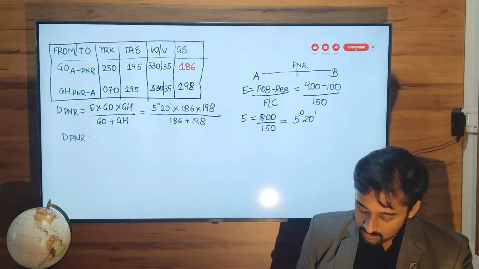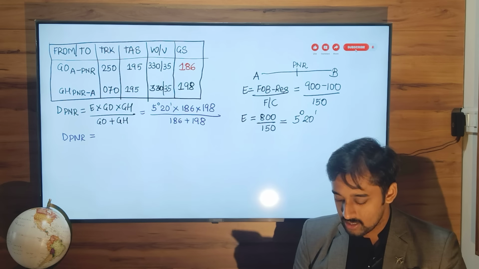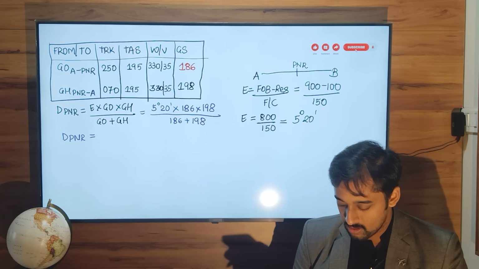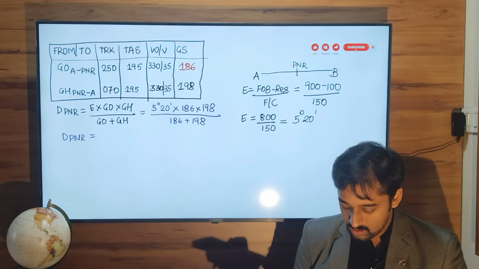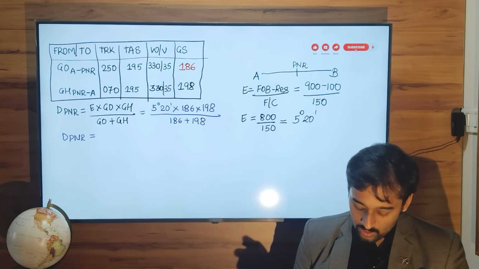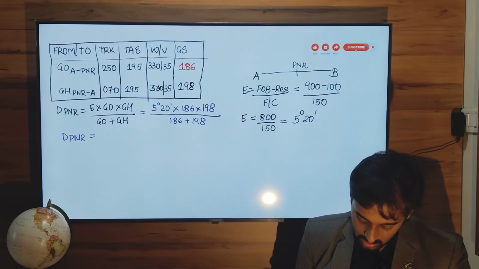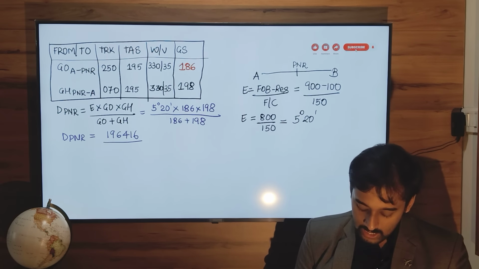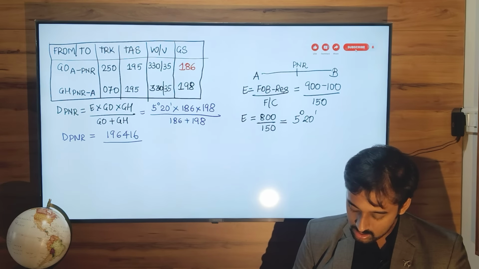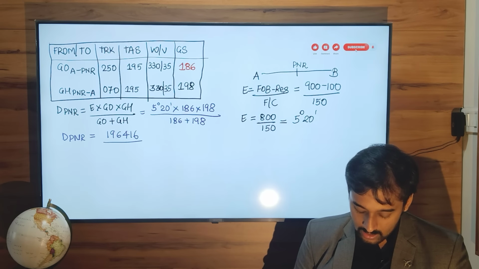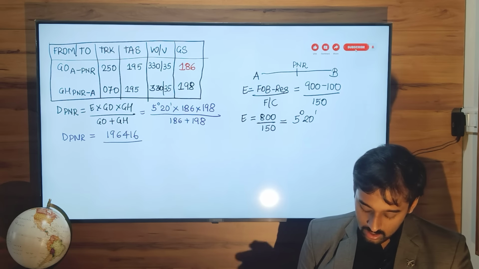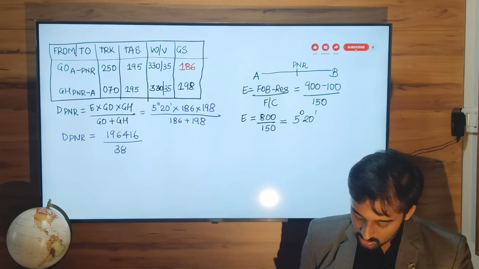Distance to PNR will be equal to multiplying the numerator, 196,416, divided by 186 plus 198, 384.